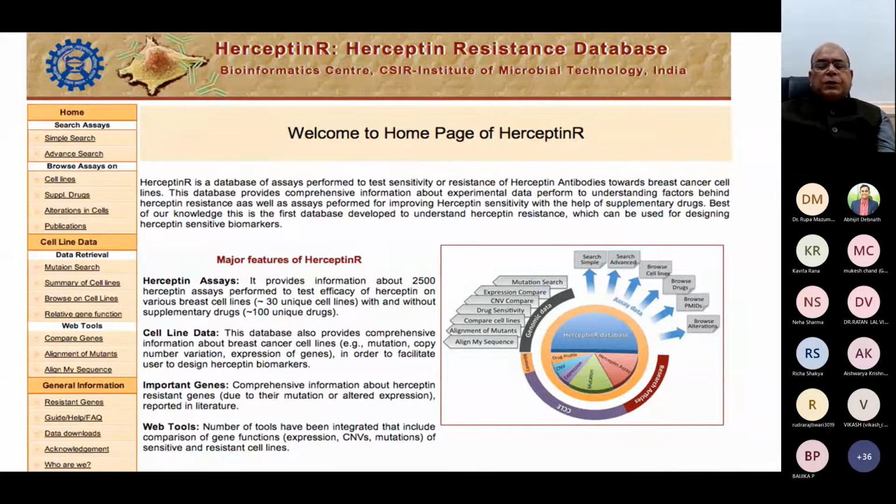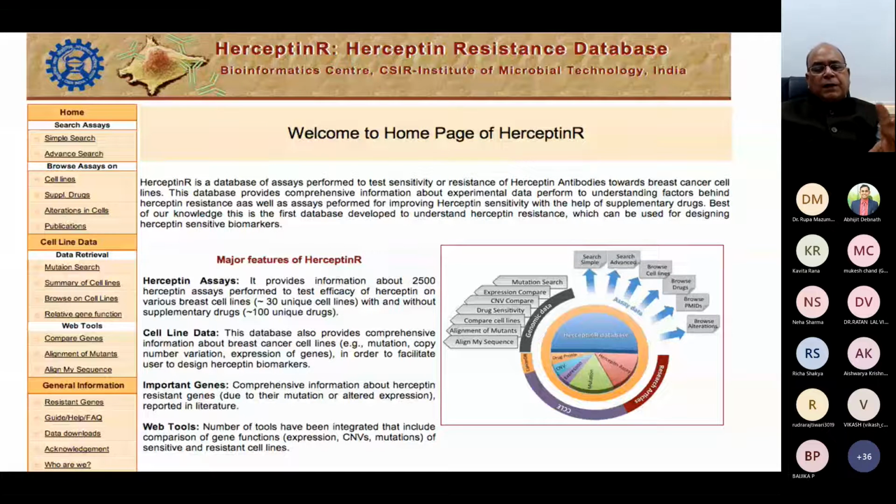You cannot give it blindly to everybody. Sometimes it works, sometimes it doesn't. There are some biomarkers already in the market where they check HER2 overexpression. If HER2 overexpression is there, then this may work, otherwise it will not work.